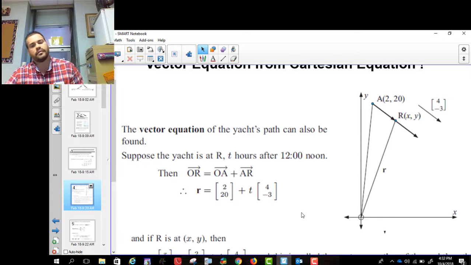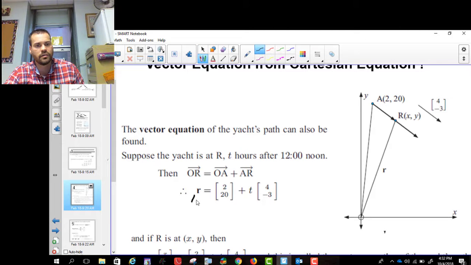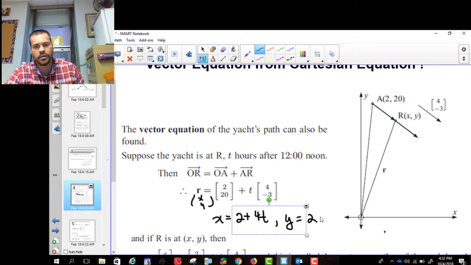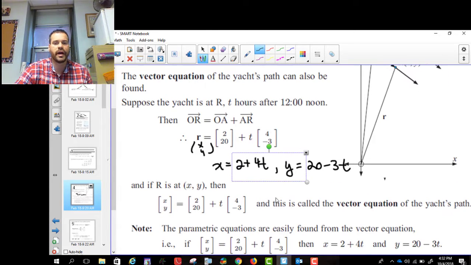To go from that, you treat this r as the vector (x, y). So we can go from that to our parametric equations: x is 2 + 4t and y is 20 - 3t. And then you can go to your Cartesian equation from that.